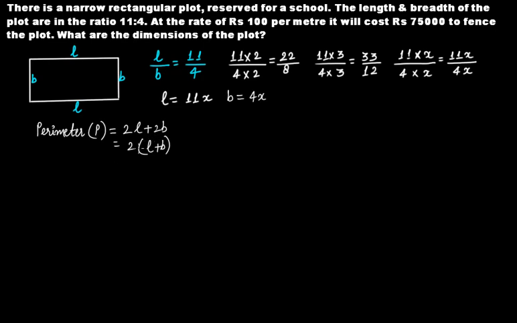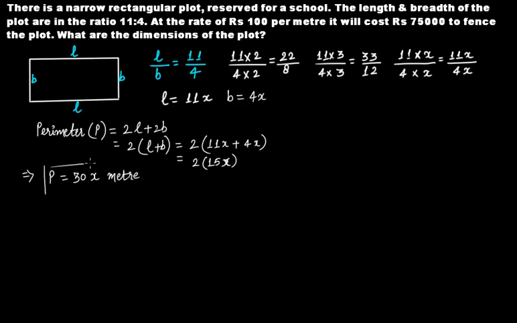So if we have assumed that our length is 11x and breadth is 4x, this becomes 11x plus 4x, and you get 2 times 15x. That is, your P comes as, that is, the perimeter is actually equal to 30x, right? 30x meter.